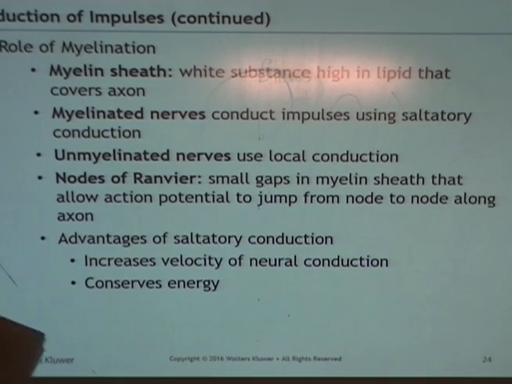So the myelin sheath is a fatty substance that wraps around the axon of motor nerves and some other nerves, but not all nerves in the body. The cool thing about the myelination is that it speeds up the action potential, the time it takes the action potential to move down the axon to the muscle fiber by up to 140 times. Massively increases the speed of that signal transmission.